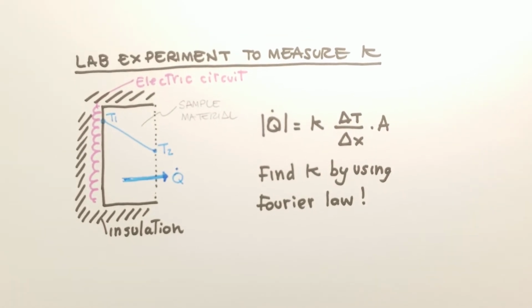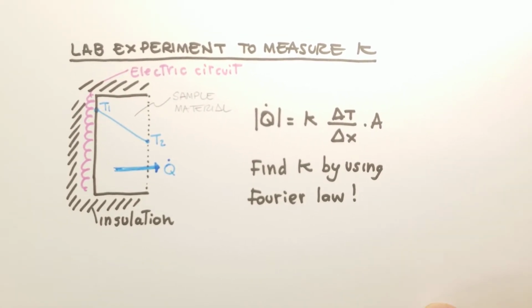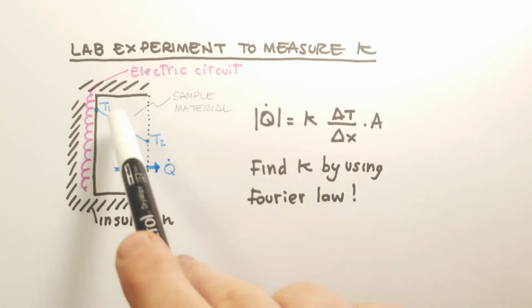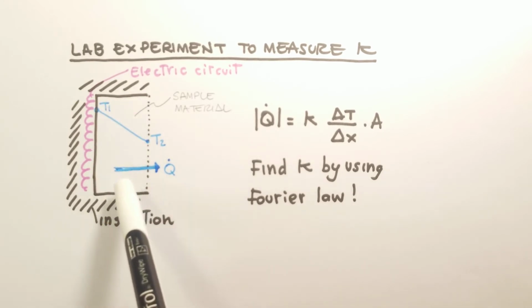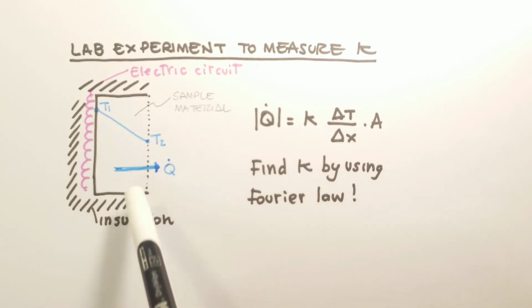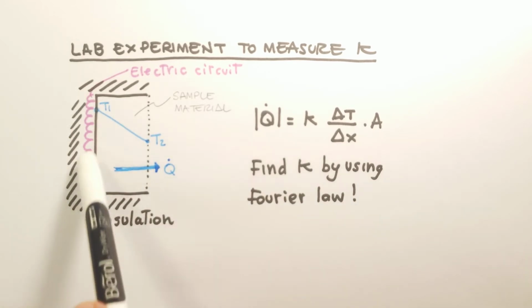One way to find the thermal conductivity of a material is to carry out an experiment. In this case, we have a solid here, and the height of this solid is much larger than the thickness, delta X. And we have some electric circuit on the left.